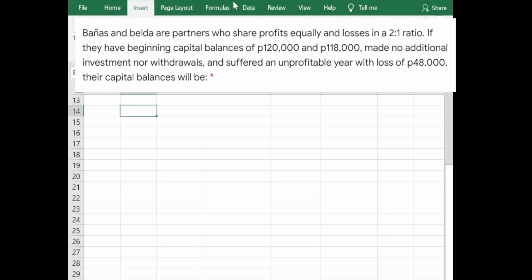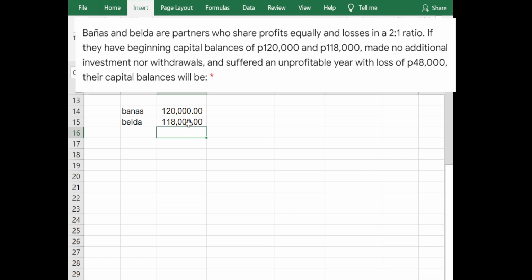Okay, so now we'll start with Banyas and Belda. We input their capital balances. And then, the losses, based on their agreement, shall be distributed 2:1.